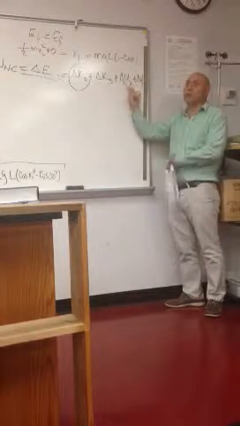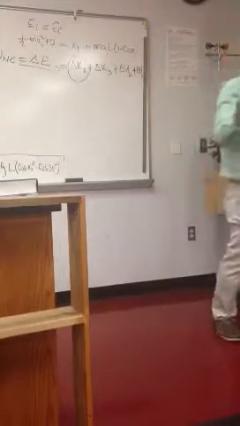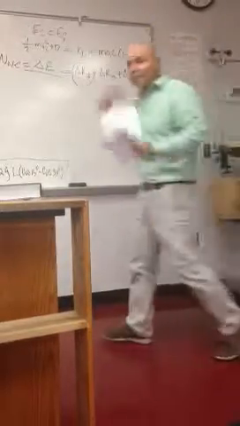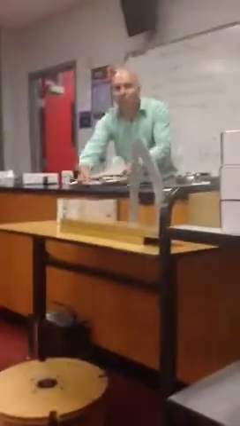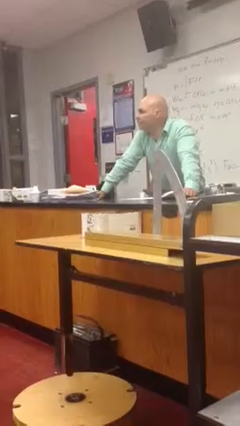Delta U for the 2 kilogram object. Is there any change in potential energy for the 2 kilogram object? Change with respect to itself. This is moving from here to here. What is the change in potential energy? Zero. Why? No change in height.